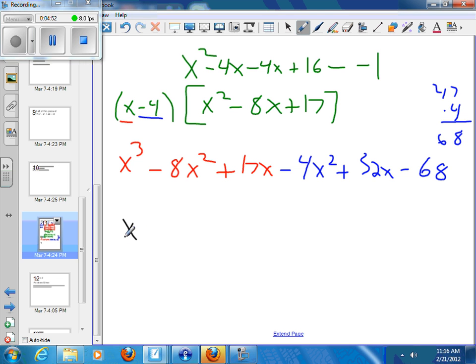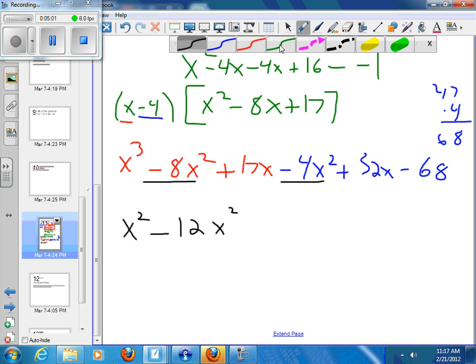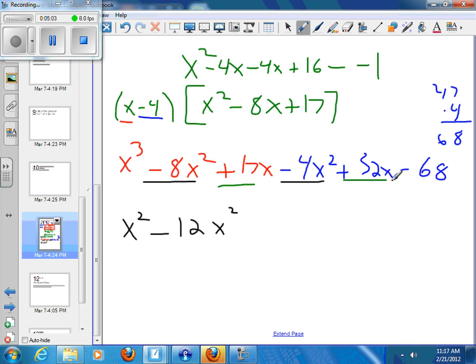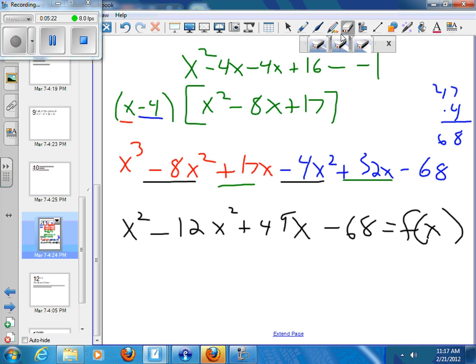So I have an x cubed, and then I've got minus 12x squared plus 49x minus 68. And all of that is going to be equal to my f of x. That's my final answer. Oh, again, I forgot to make that a cube. I seem to be having trouble with that. That is a cube.